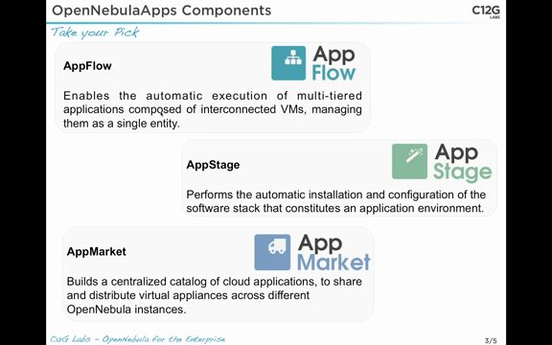So you'll be able with this OpenNebula apps to manage a set of VMs like one service, like just one entity. Also another component of the OpenNebula apps is the Upstage, which performs the automatic installation and configuration of the software stack that constitutes an application environment.